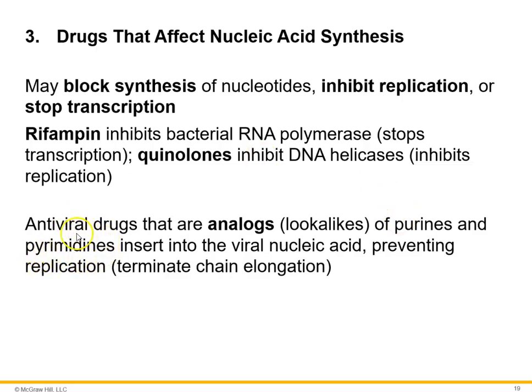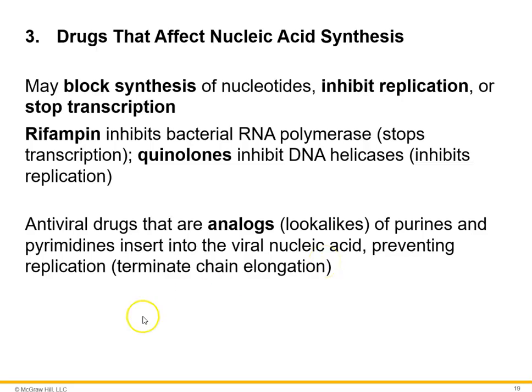So the enzymes that build DNA and RNA take these analogs thinking that they are purines and pyrimidines and insert them into the growing nucleic acid molecule. The problem is that these lookalikes don't act like purines and pyrimidines. You can't add more nucleotides to the molecule once you've put these analogs in. There's nothing to build onto these analogs, okay? So the chain that you're building of the nucleic acid stops.